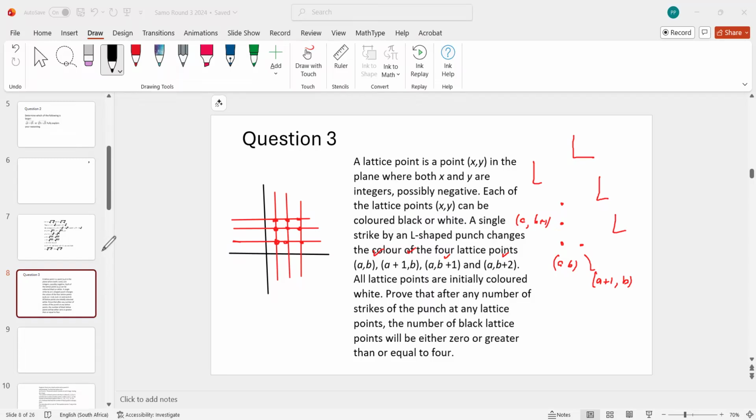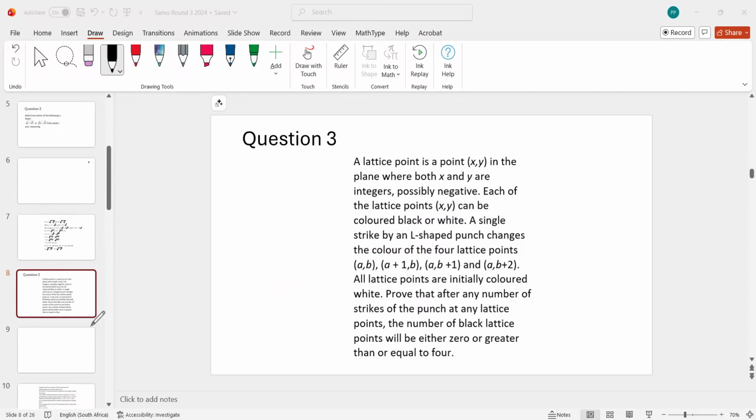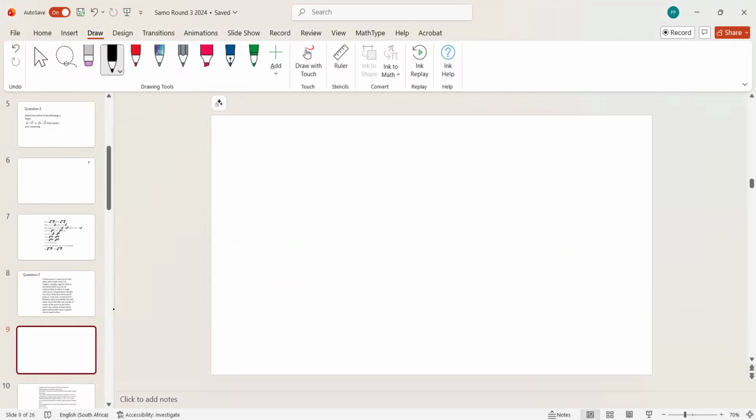Now this is going to be quite a demanding problem, and I hope I can explain it. So suppose instead of white, I'm going to call it red. So in the beginning, all these points are red.